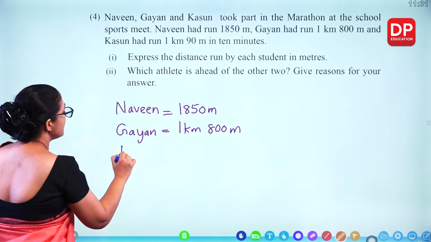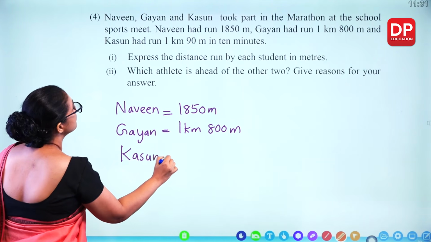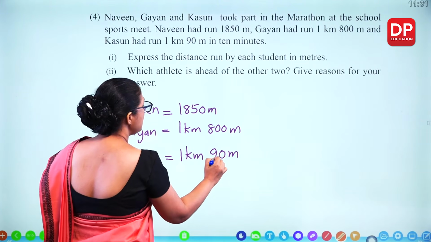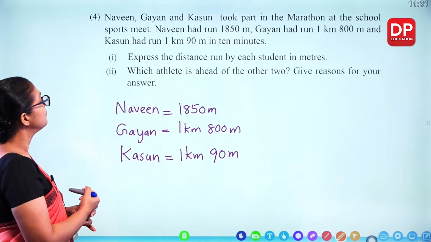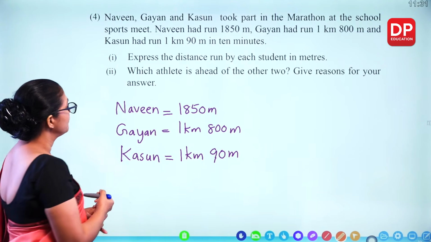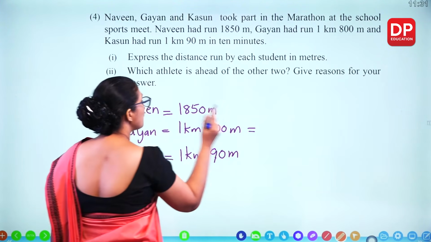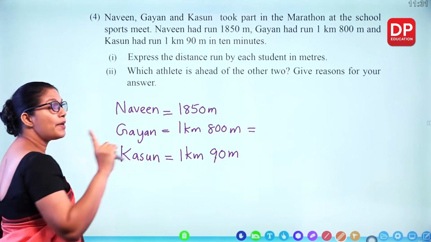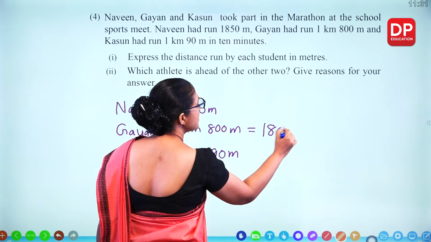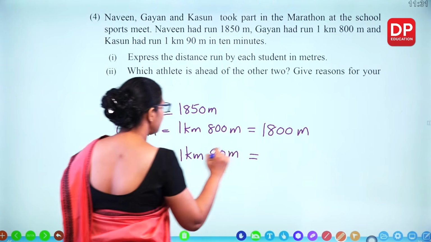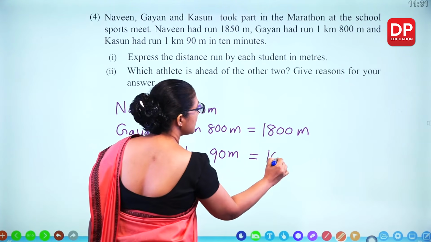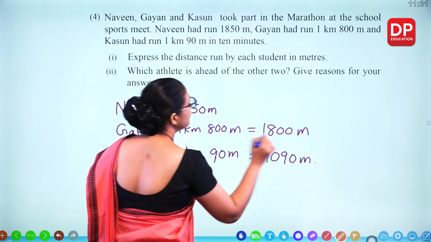And Kasun had run 1 kilometer and 90 meters in 10 minutes. Express the distance run by each student in meters. So this one is already there. How do you convert this to meters? 1 kilometer means 1000. 1000 plus 800, 1800 meters. 1 kilometer is 1000, 1000 plus 90, 1090 meters.